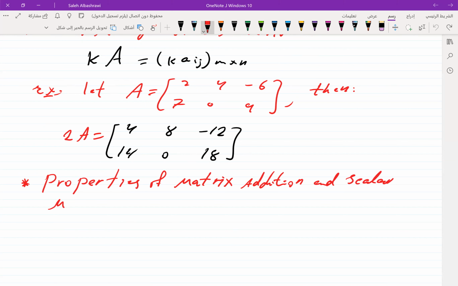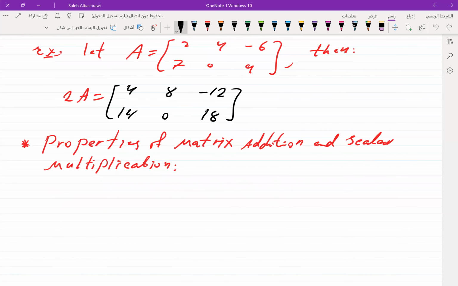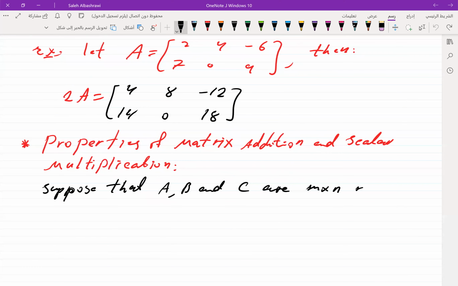Suppose that A, B, and C are three M by N matrices, and K1 and K2 are scalars.